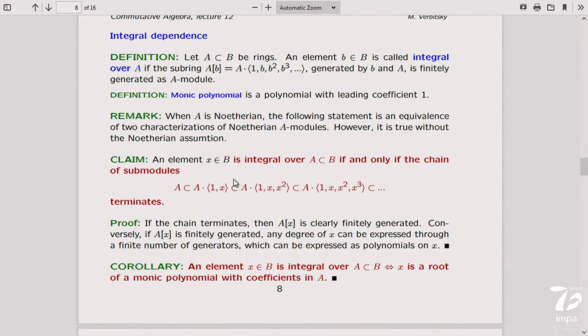Well, here the definition is slightly different.